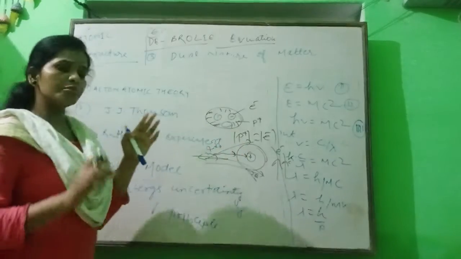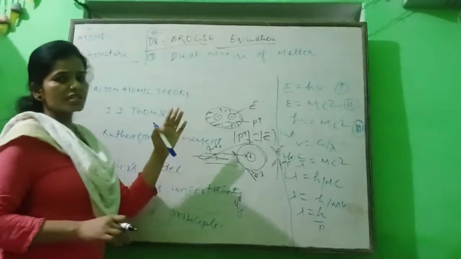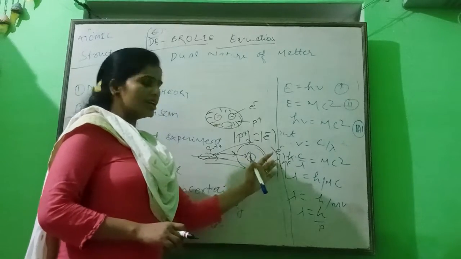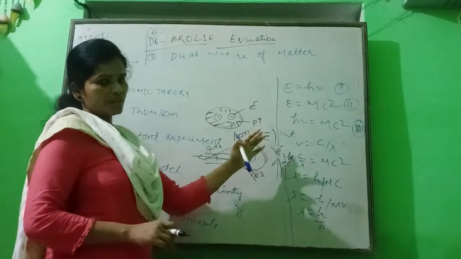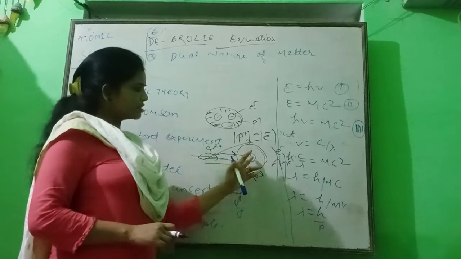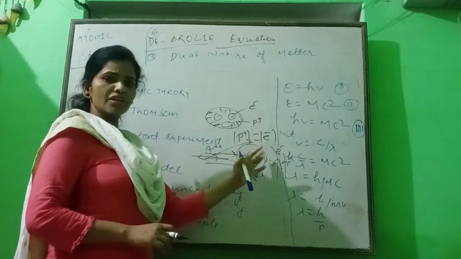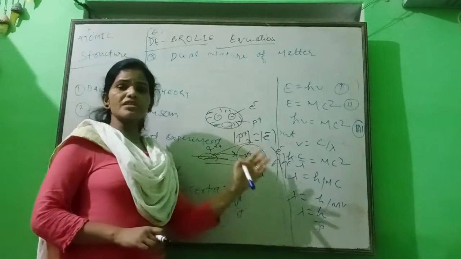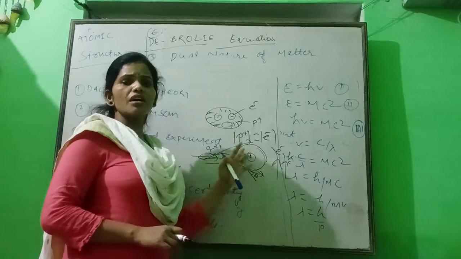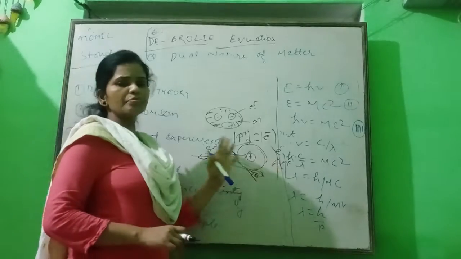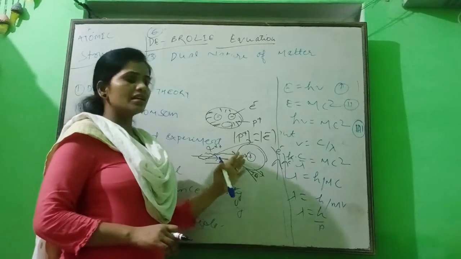Any moving particle revolving around a circular path will get decelerated, and after some time the electron will be attracted by the proton by nuclear force and electrostatic force. After some time the electron will fall into the nucleus. That's why the existence of the atom would be destroyed.